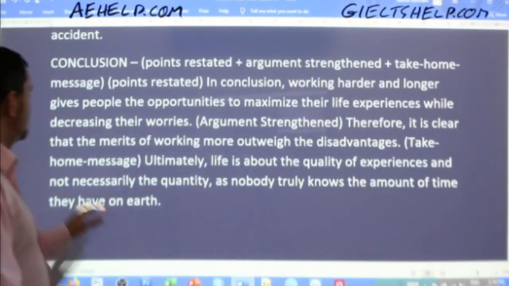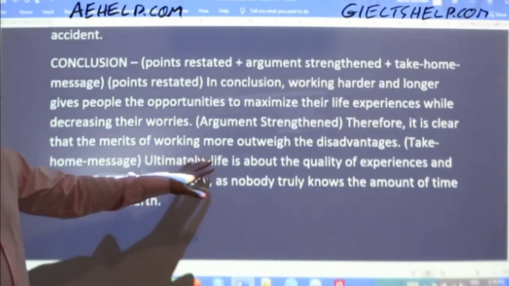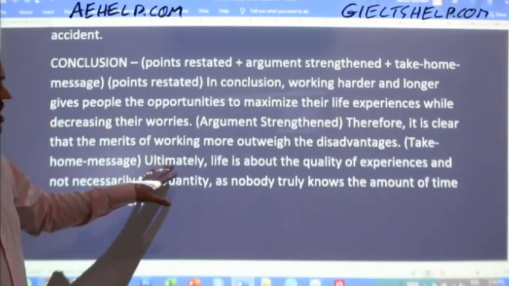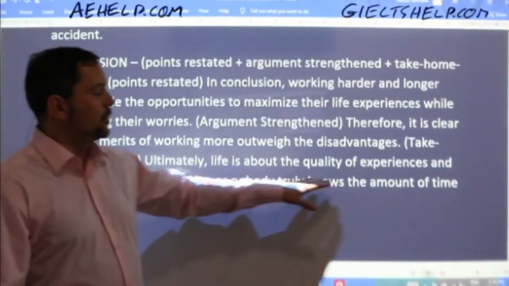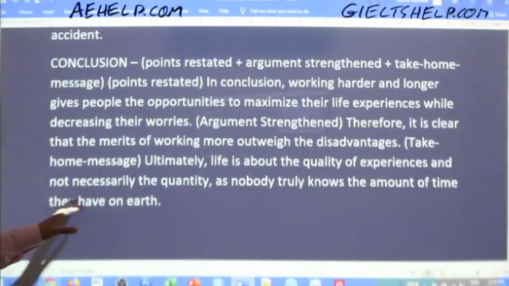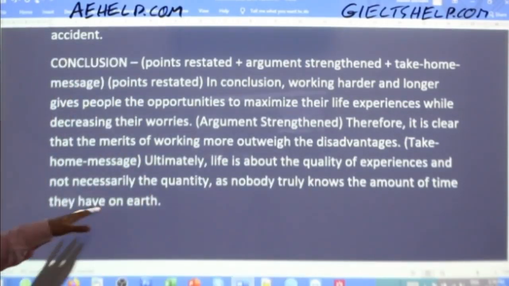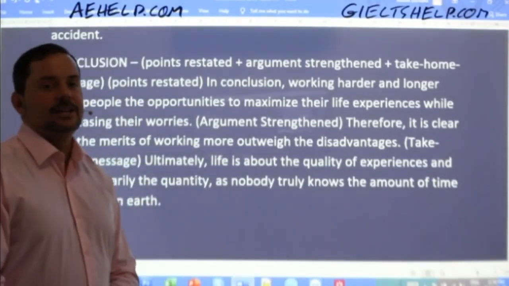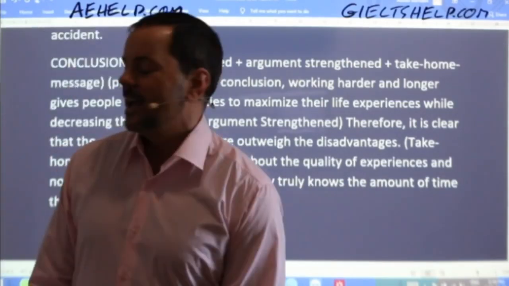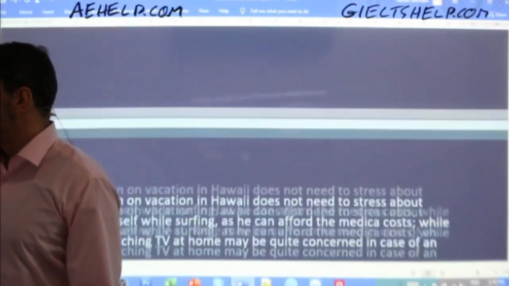Therefore, it is clear that the merits of working more outweigh the disadvantages. Ultimately, life is about the quality of experiences and not necessarily the quantity, as nobody truly knows the amount of time they have on earth. All right, that's my take-home message, and it's one that I believe in.